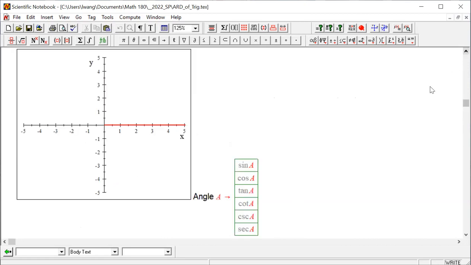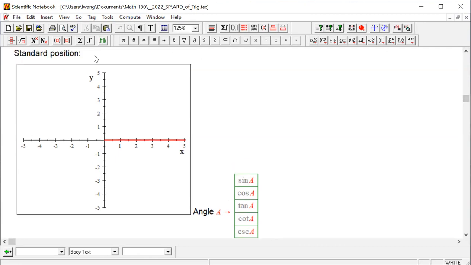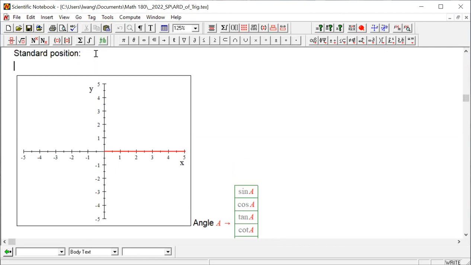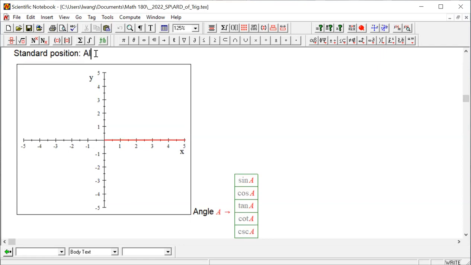The first rule is about angle measurement, so I'm going to call it A. All inputs to the six trig functions are measured from the standard position, and that standard position is basically the positive direction of the x-axis.